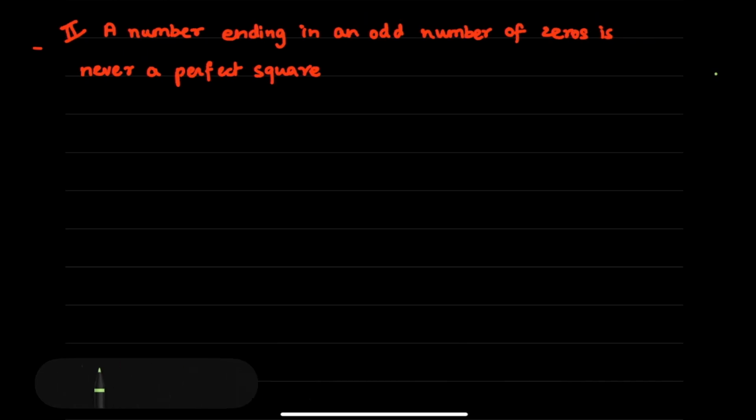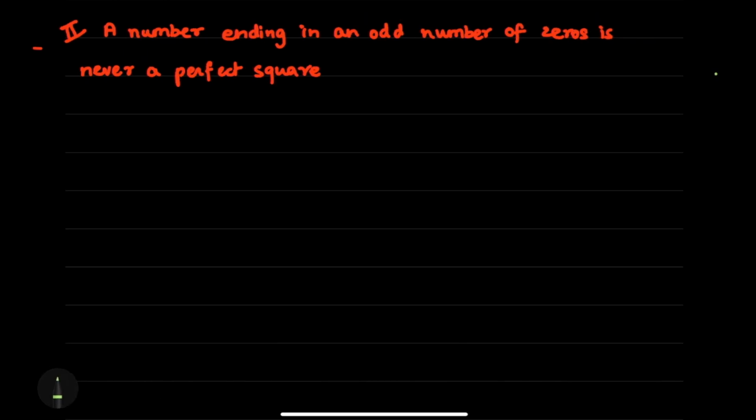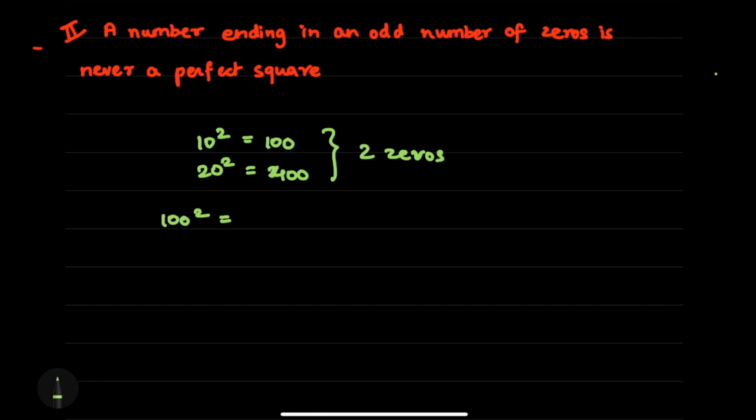Moving on. A very interesting next property is that if a number ends with an odd number of zeros, that number will never be a perfect square. Let's take a few examples. 10 square is 100, right? 20 square is 400. So we have two zeros here. And then 100 square is 10,000 with four zeros behind it.